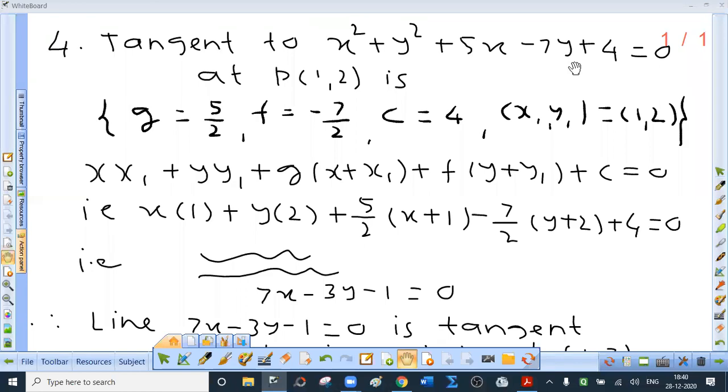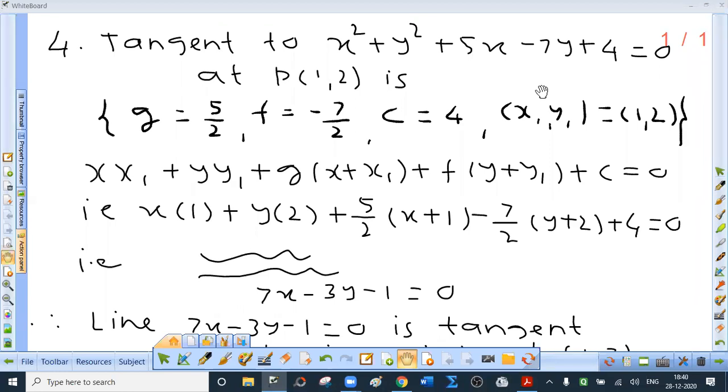Now the last sum, the fourth one: show that the line 7x - 3y - 1 = 0 touches the circle x² + y² + 5x - 7y + 4 = 0 at the point (1, 2). I am going to explain two methods.